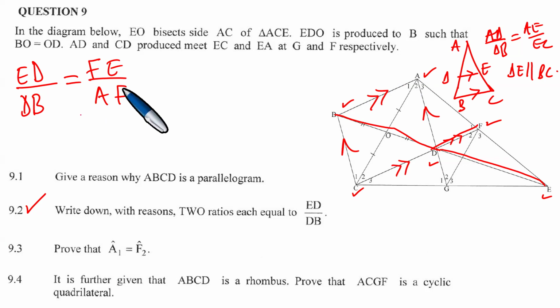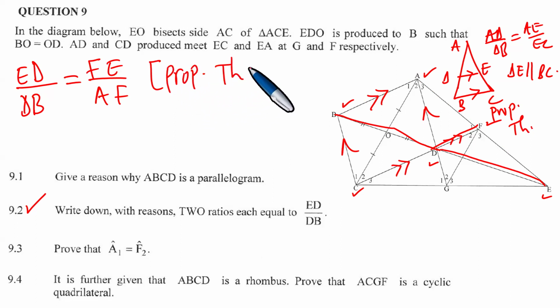The reason for that is the proportionality theorem. We are able to see that ED over DB is equal to FE over AF, which is the proportionality theorem.